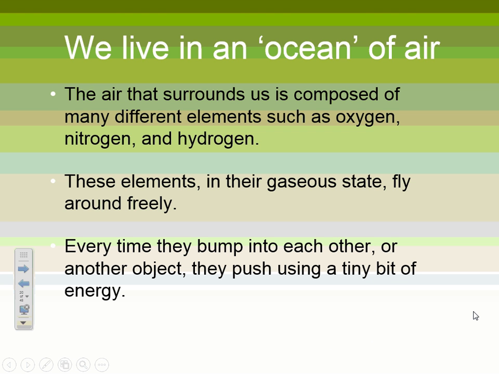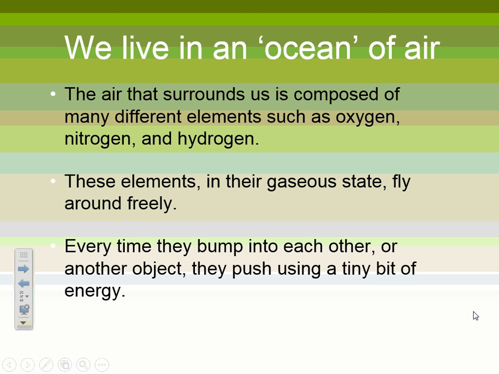The air that surrounds us is composed of a lot of different elements, more specifically nitrogen, the majority being nitrogen, oxygen, and hydrogen. In those gaseous states, they fly around, they bump into each other, but they move freely.